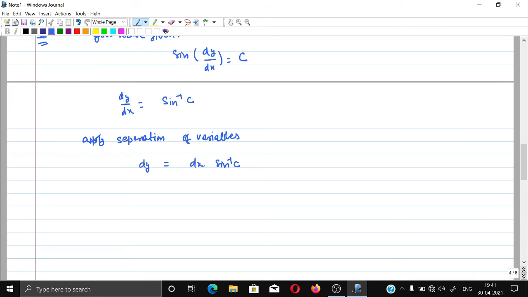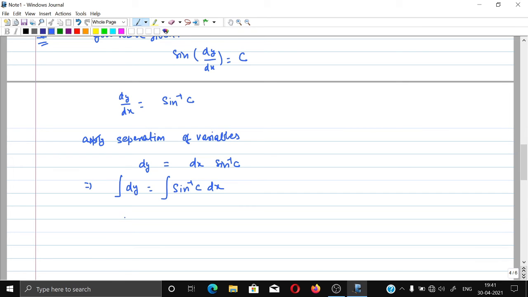We just apply separation of variables and rearrange this. Now integrate this. After applying separation of variables, your next step should be to just integrate.